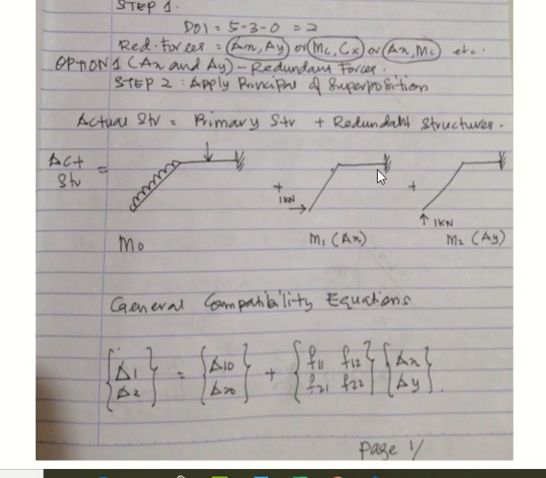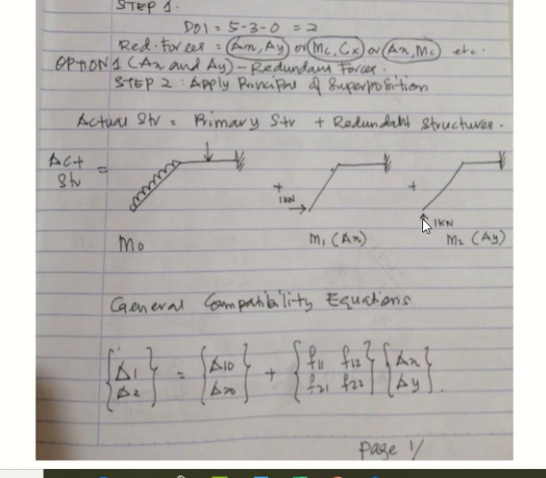For redundant number 1, since redundant number 1 is associated with AX, you apply 1 unit load FA in X direction. For redundant number 2, this structure is associated with AY, that's why you apply 1 unit load force at A in Y direction.